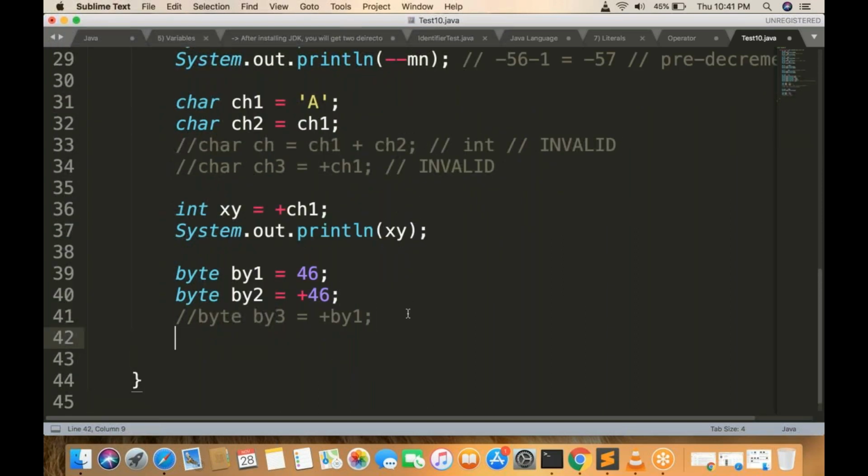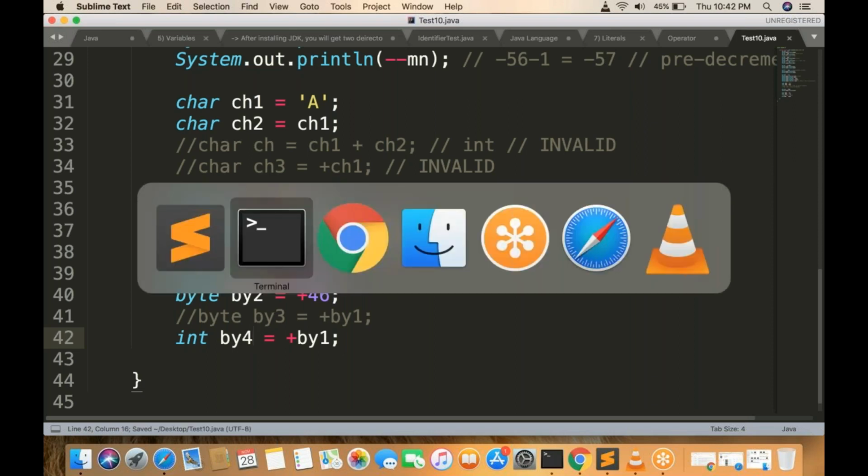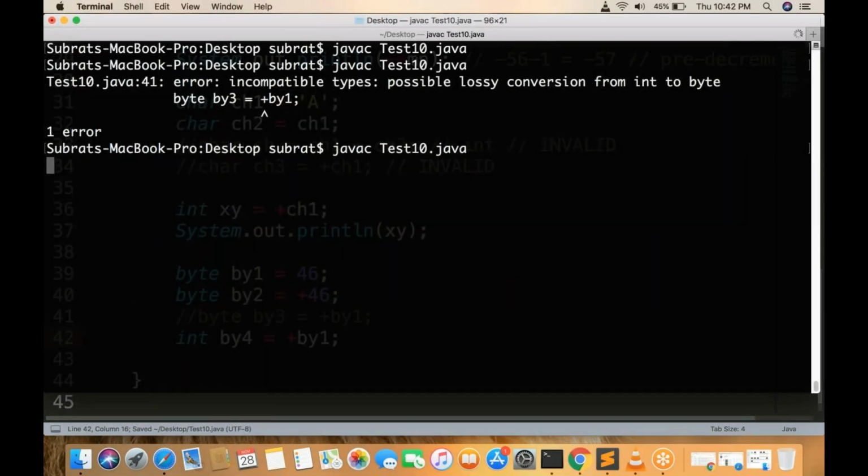Now if we want to rectify this issue, what will we do? Instead of byte, we can use int b3 is equal to the same plus b1. That is valid because your result type is int type and you are trying to store into an int type variable only. That's why there is no problem. Okay, so b4, see here, no problem.